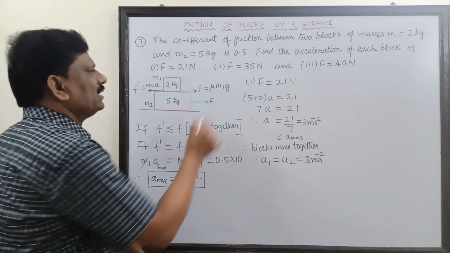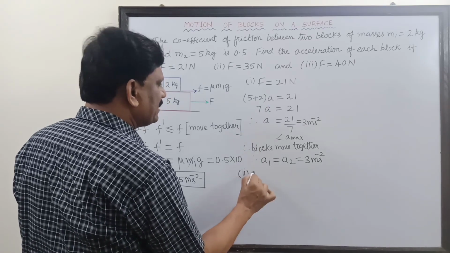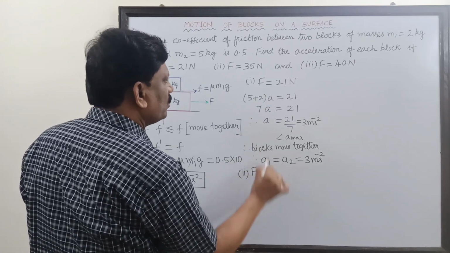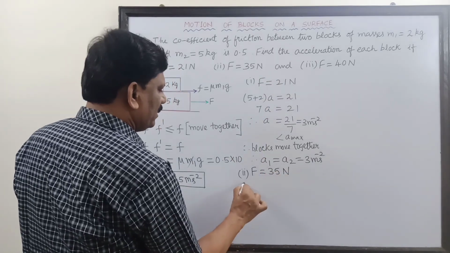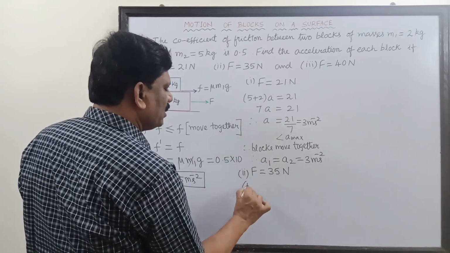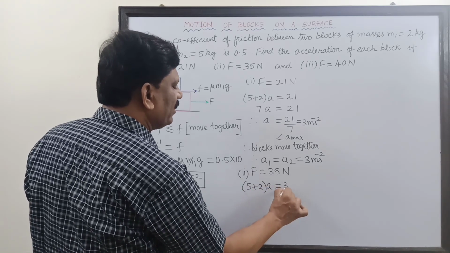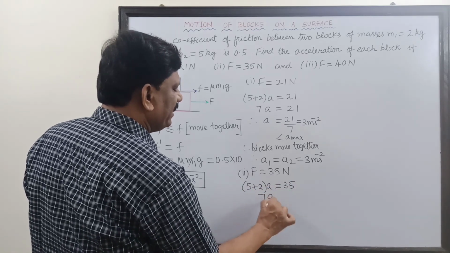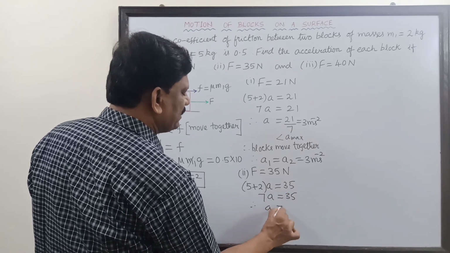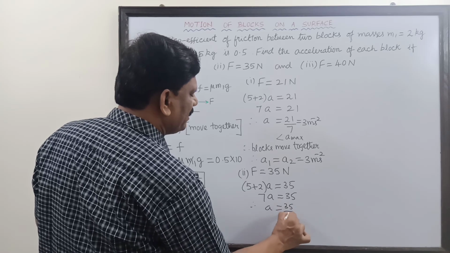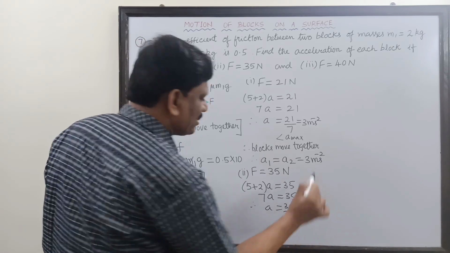Now the second case, case 2, where F is equal to 35 Newton. Once again, the total mass, 5 kg plus 2 kg, into acceleration is equal to 35. 7A is equal to 35. Therefore A is equal to 35 divided by 7, which is equal to 5 meter per second square.